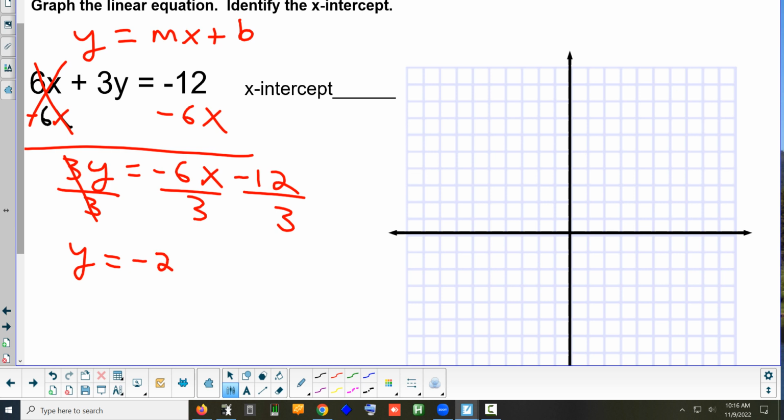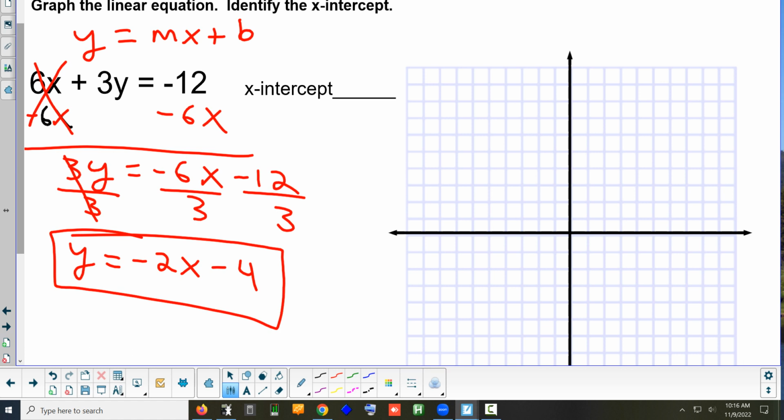Good, negative 2x. And the last part, negative 12 divided by 3. Alyssa, tell me what that would be. Negative 4.